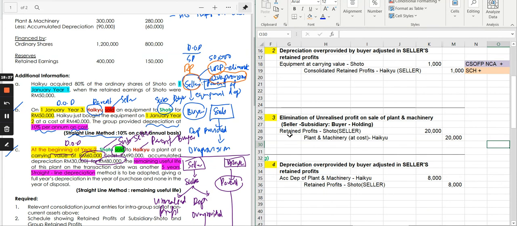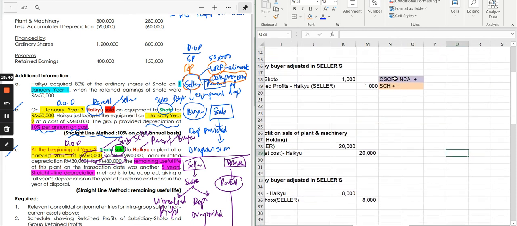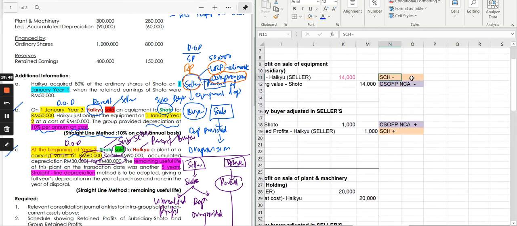That needs to be removed, as the consolidated financial statements will not report the intercompany unrealized profit on sale of any asset between group members. The retained profit of the seller, which is the subsidiary, will have to be adjusted, the same as what you have here.